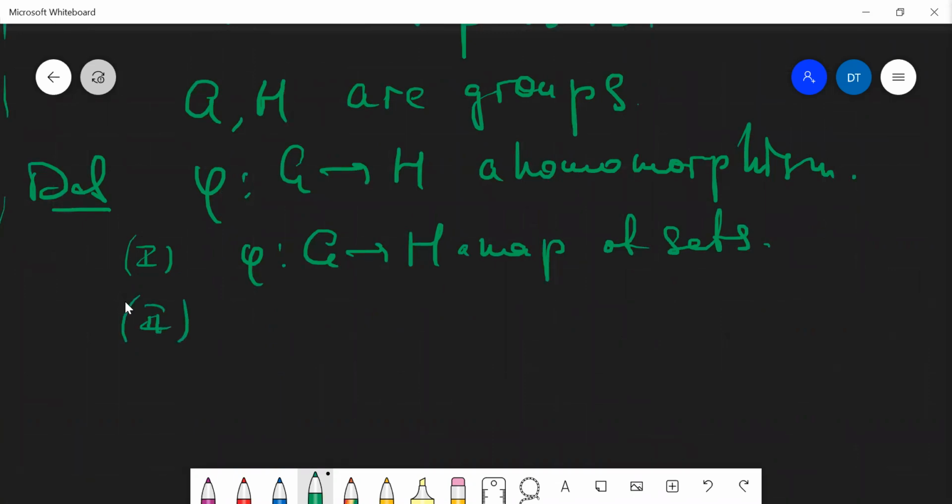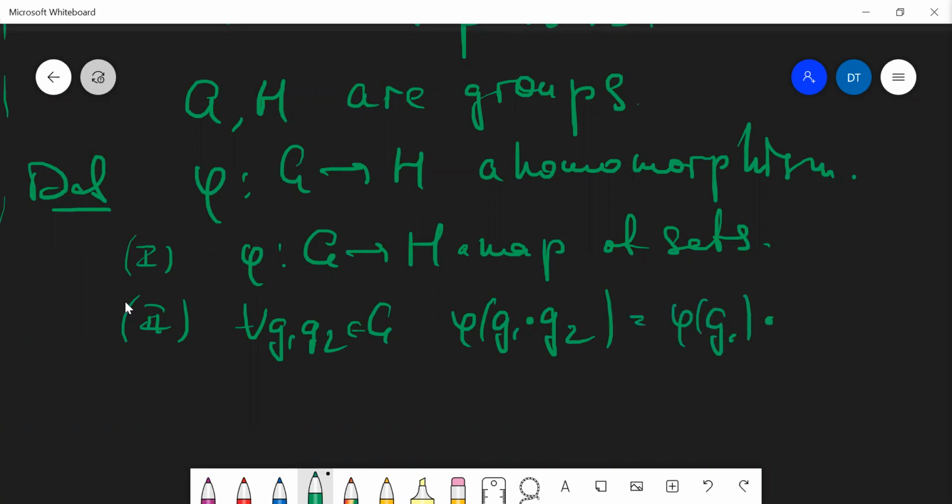Phi must preserve the operation in the following sense. For any elements g1 and g2 from the group G, phi of g1 times g2 equals phi of g1 times phi of g2, where here is the product in G, and here is the product in H.